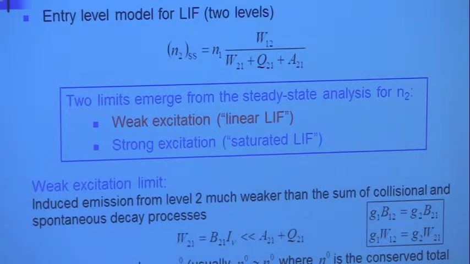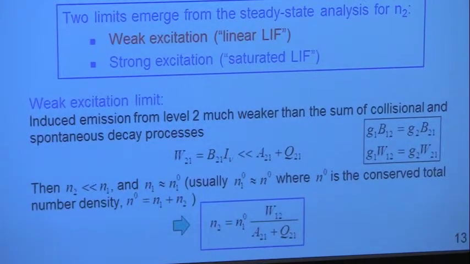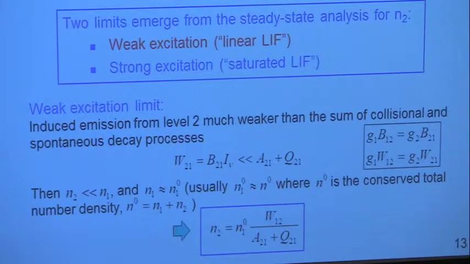In this limit, N2 is small compared to N1, and therefore N1 is hardly changed, so we'll write it as unchanged, or we'll write N10 as the sum of N1 plus N2. If you make that approximation in this weak excitation limit, N2, the thing we're after, is the unperturbed N1 times this ratio.